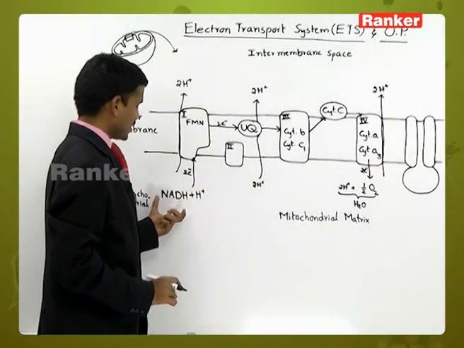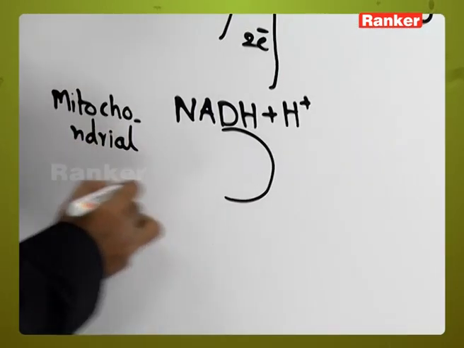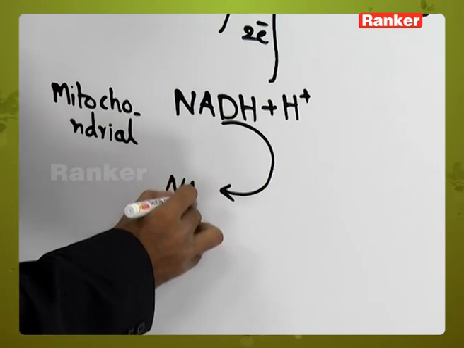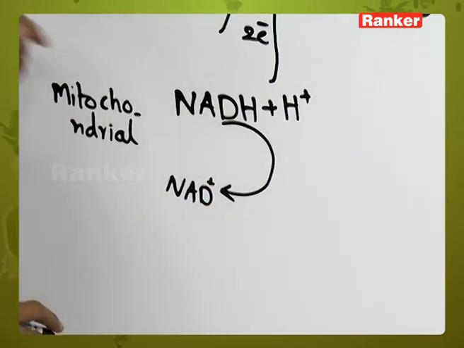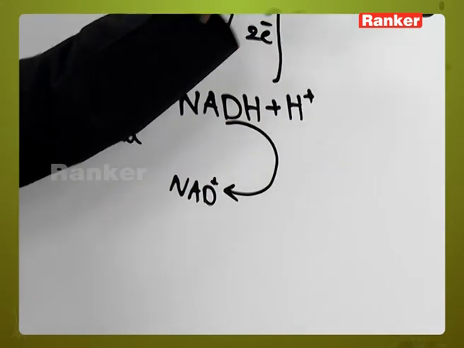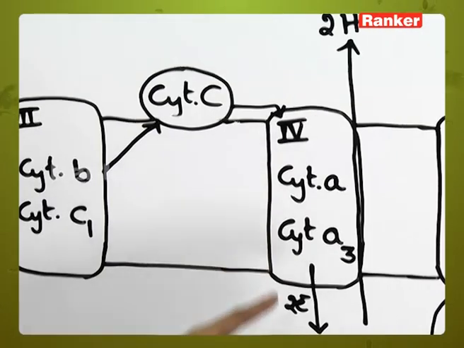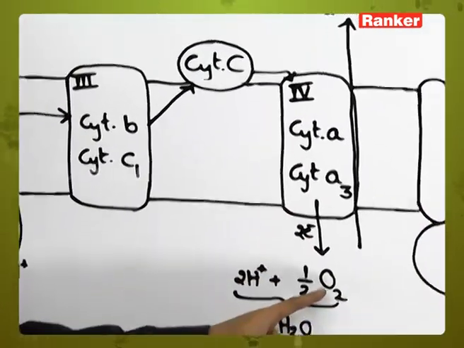When one NADH2 is oxidized into NAD plus, electrons are released. The electrons are given to the first complex, next ubiquinone, the third complex, cytochrome C, and the fourth complex. At last, the electrons reach the oxygen.